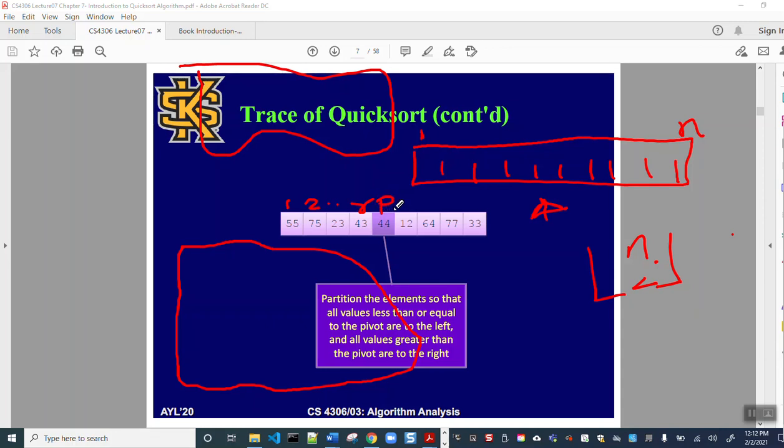Then r plus 1 is the pivot element, and this will be r plus 2, and so on up to n. Or we can consider that r is coming over here, then this will be r plus 1. Whatever you say, that is not an issue.